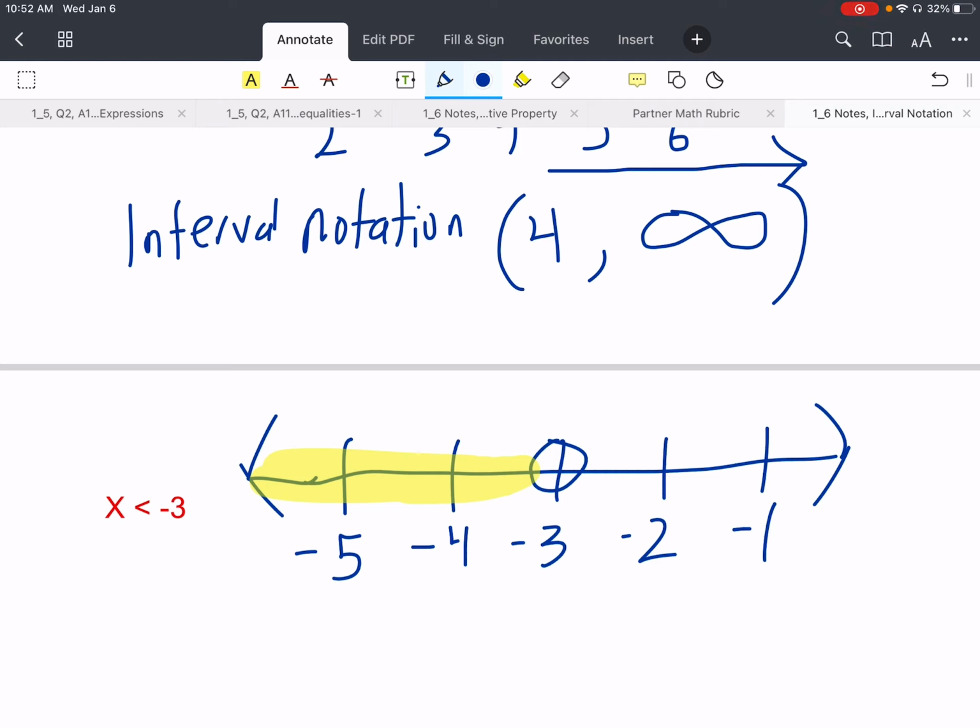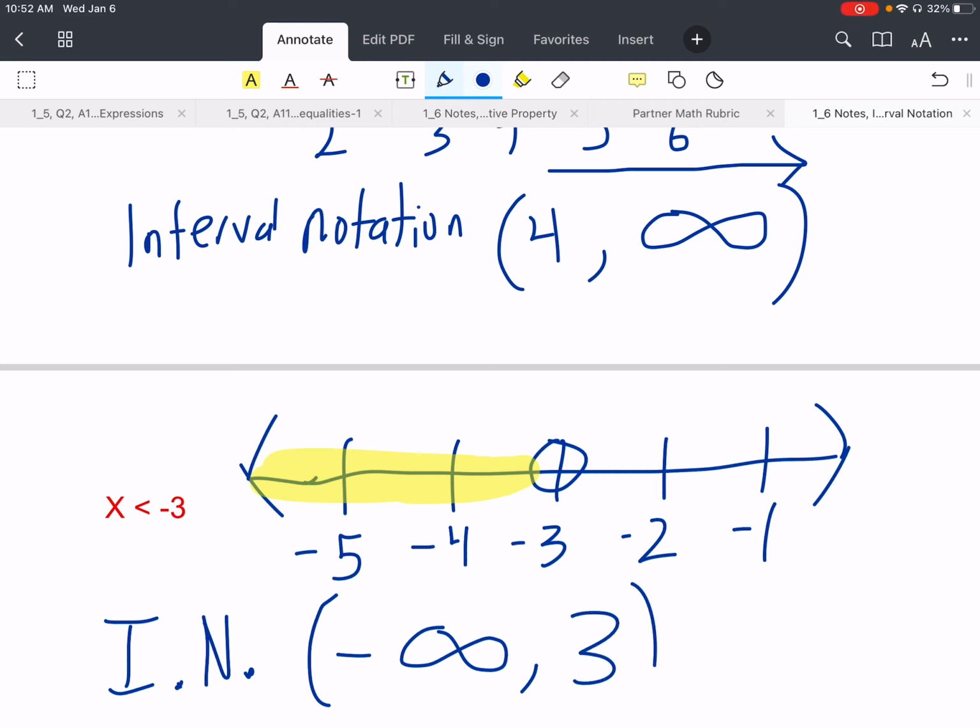So now for our interval notation, IN. I don't think that's the real mathematical abbreviation, but it's okay. Now, because we're looking at numbers smaller, the shaded or the highlighted yellow goes all the way to negative infinity, and it goes up to our answer, which is negative 3.